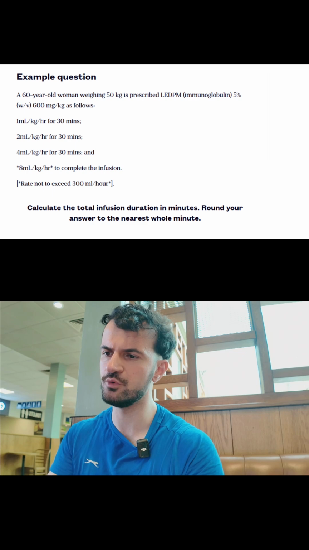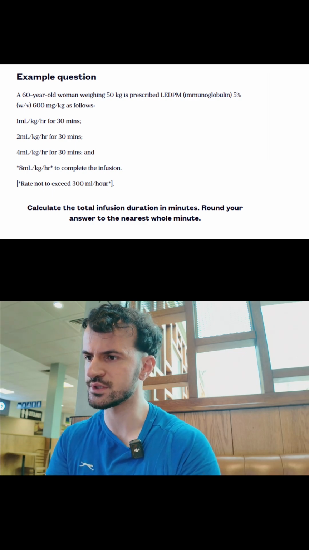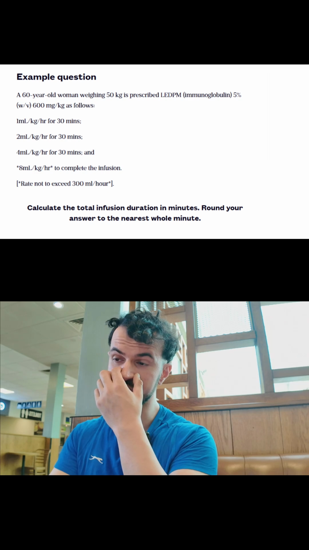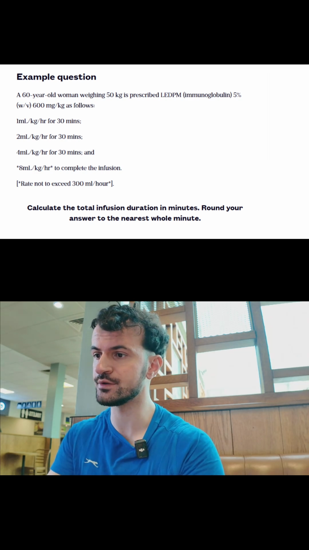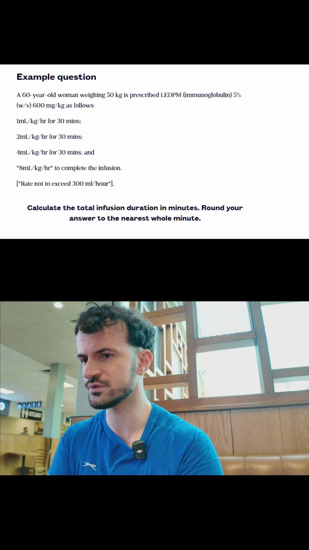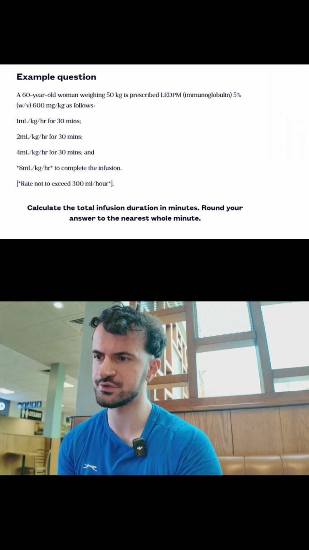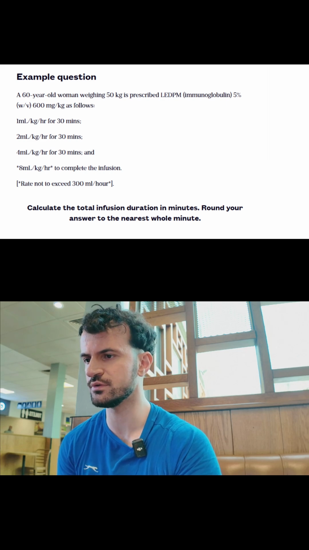It's preferable to convert to grams, so we will have 30 grams. Then you have 5 grams out of 100 mL. Because we have 30 grams in total, and there's 5 grams per 100 mL, that means you have 600 mL.